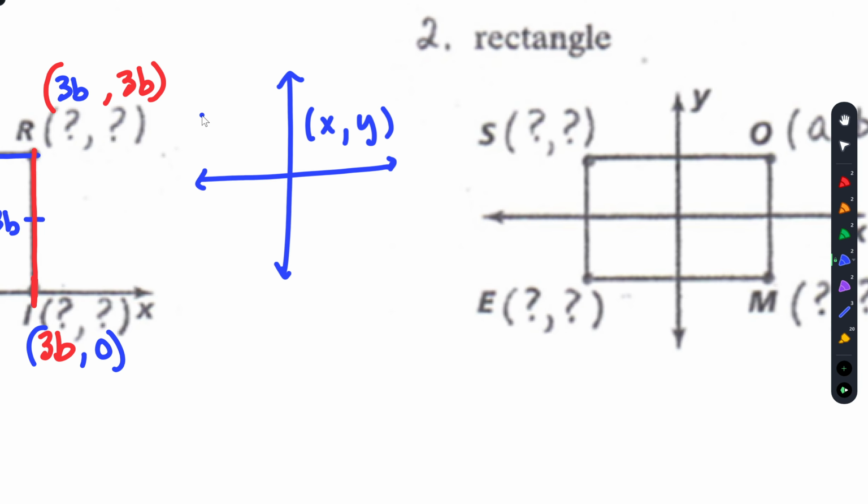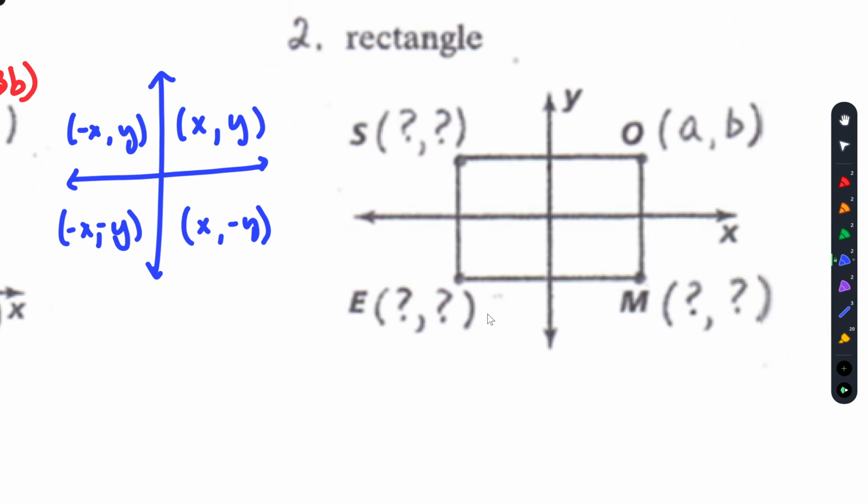In quadrant 2, X is negative, Y is positive. In quadrant 3, both are negative. And in quadrant 4, X is positive, Y is negative. It's kind of like a little cheat sheet for us as I fill in this rectangle, because then I know what all the signs should be already.